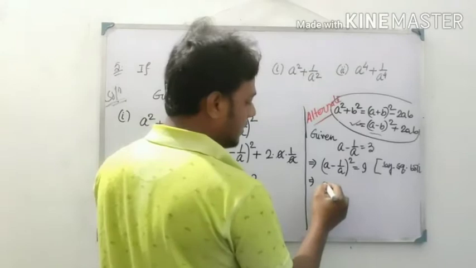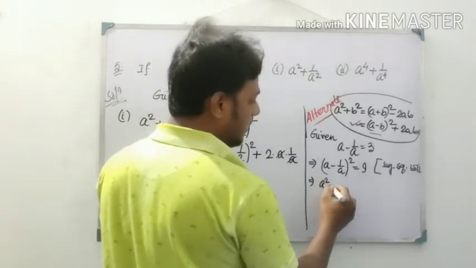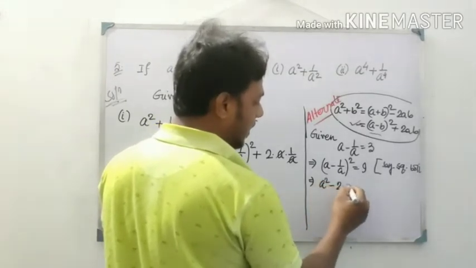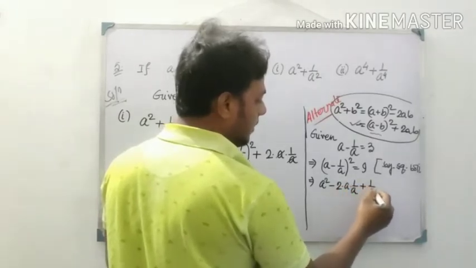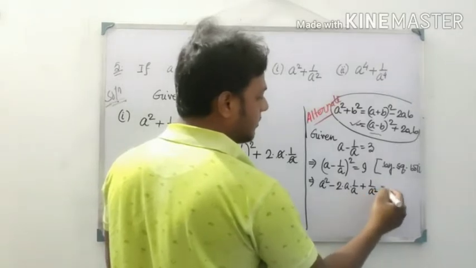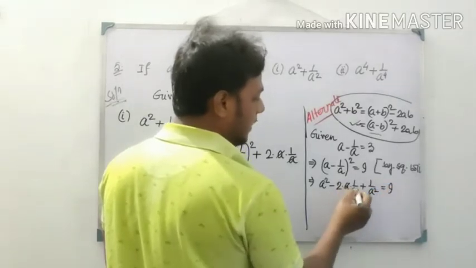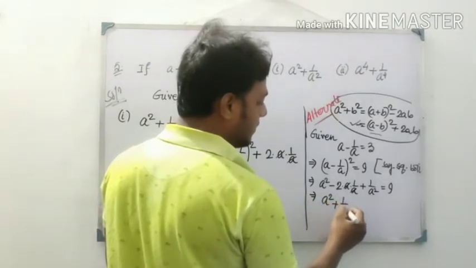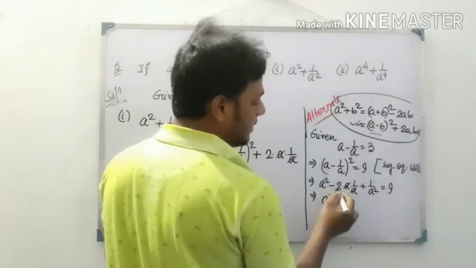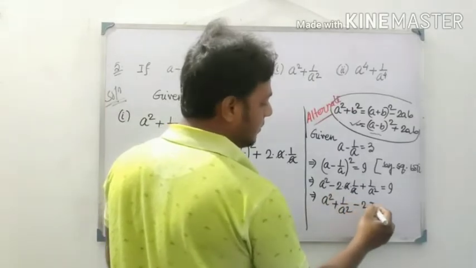Now expand it. A minus b whole square, then it will be a square minus 2ab, b means here 1 by a, plus 1 by a whole square, which is 1 by a square, equals 9. Here a cancels out. Our target is to calculate a square plus 1 by a square, keep it there, and this term is only minus 2, equals 9.